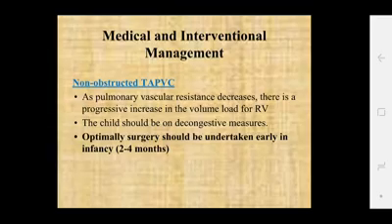But if it is discovered or the manifestation is severe during the neonatal period, especially if the atrial communication is restrictive or small, the interventional cardiologist usually does balloon atrial septostomy to improve the flow of blood from the right atrium to the left atrium to the left ventricle, to increase the cardiac output.